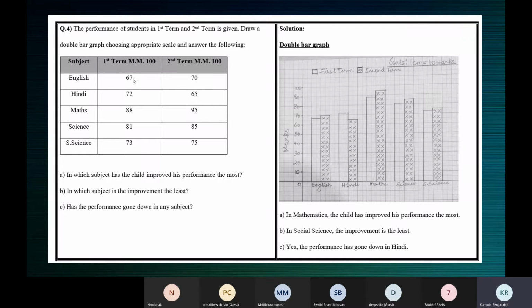In English, improvement is there, but only by 3 marks. Here no improvement, has gone down. In maths, improved by 7 marks. Here improved by 4 marks, and by 2 marks. So the improvement in performance is the most in mathematics.